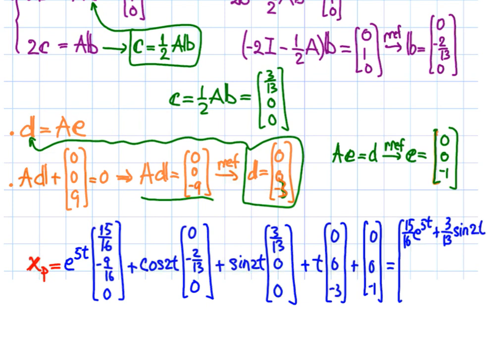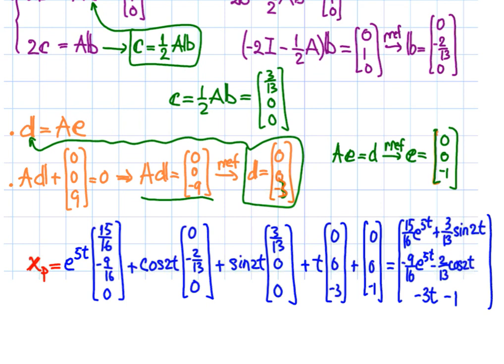The middle one, we have negative 9 over 16 e to the 5t, negative 2 over 13 cosine 2t, and then no sine t and nothing else. The bottom line is negative 3t minus 1. So that is the particular solution.